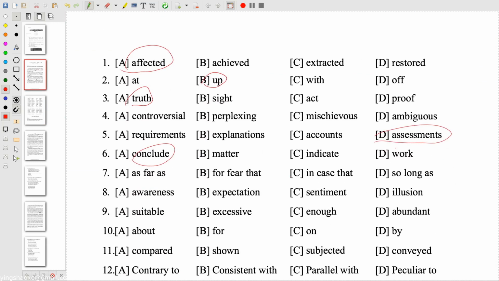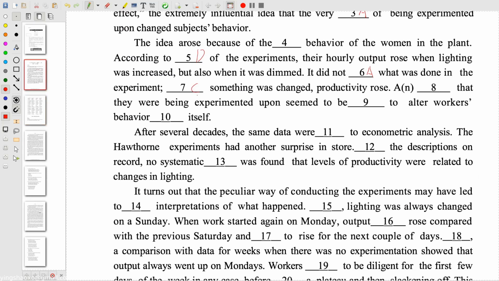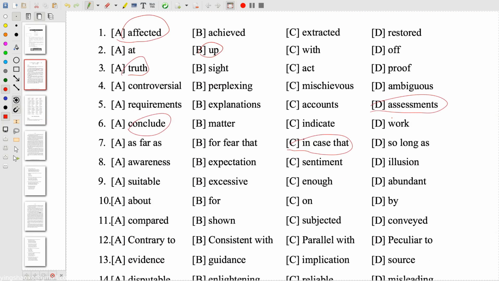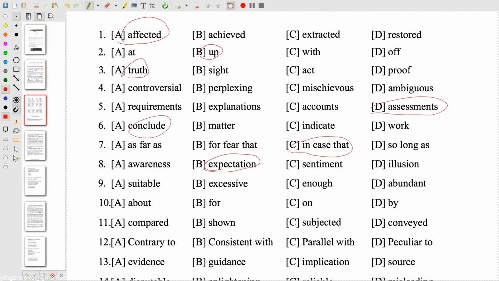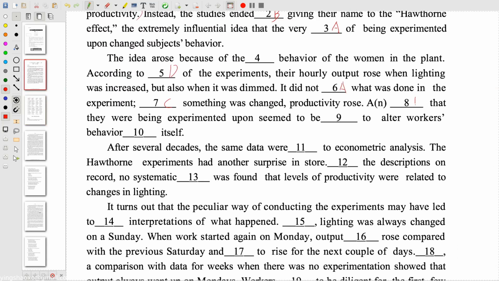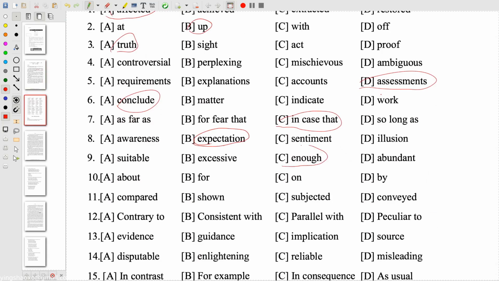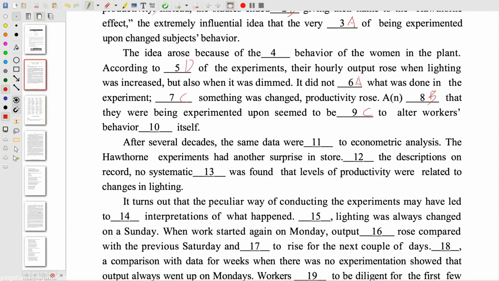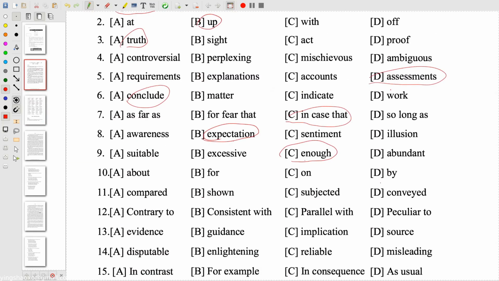In that case, I think that they were being experimented upon seemed to be enough, I choose C, to alter the workers' behavior by itself. On expectation, I choose B.